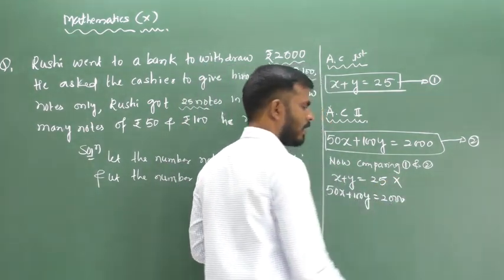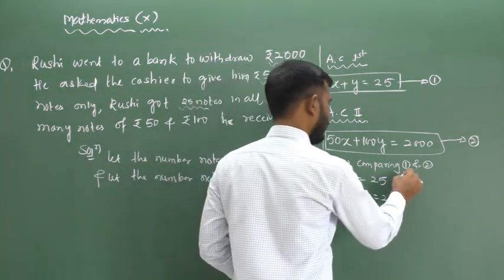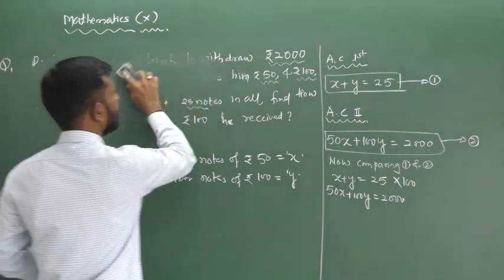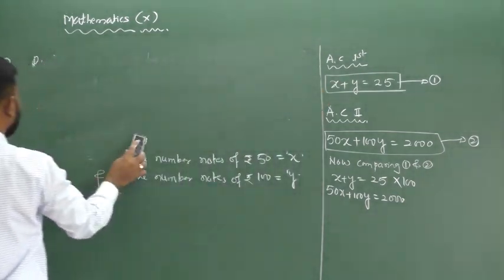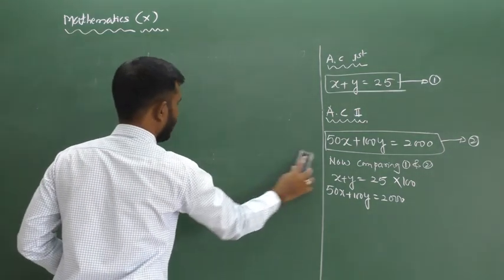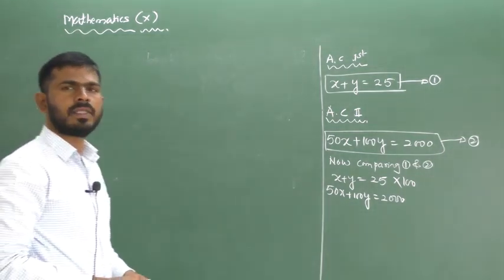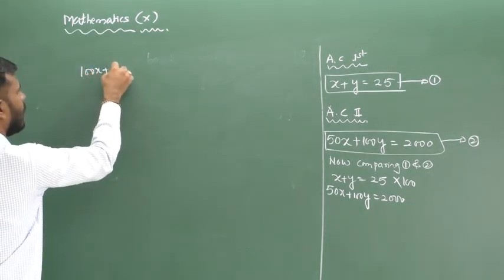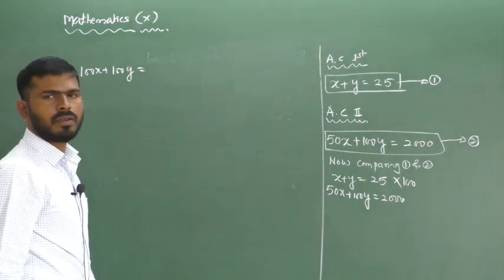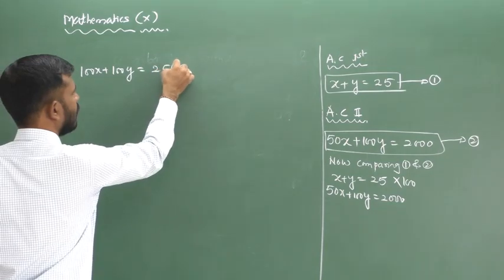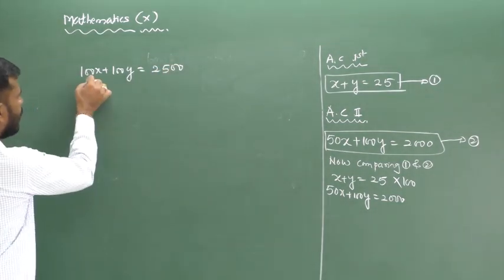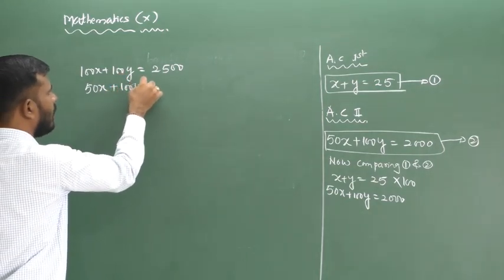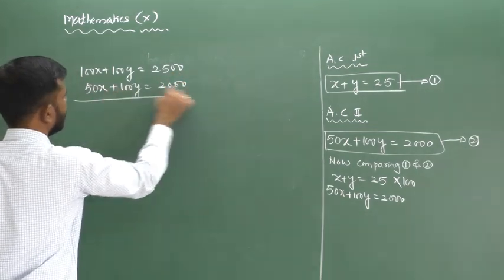Let us multiply equation number 1 by 100. Then we get 100x plus 100y equal to 25 into 100, that is 2500. The second equation stays as it is: 50x plus 100y equal to 2000.